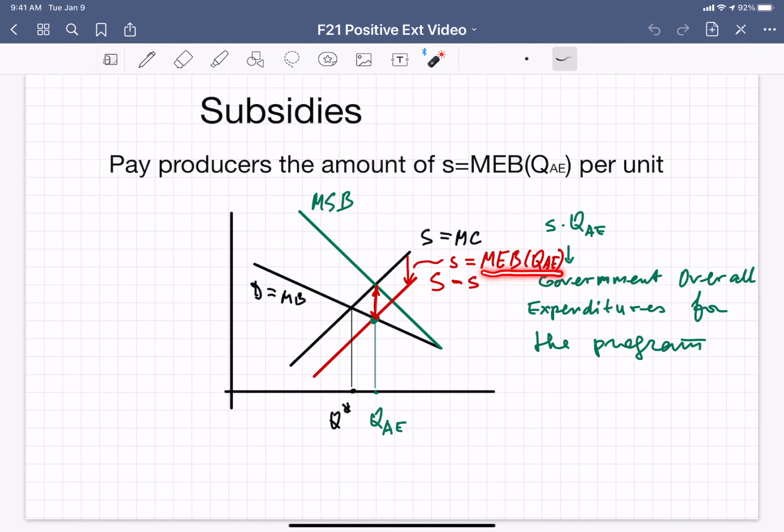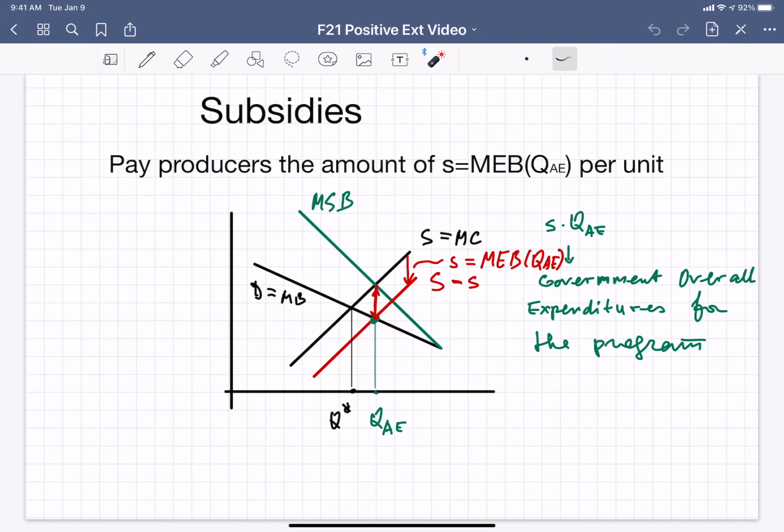So the formal answer to how much to give to sellers is to give them the amount of money that is equal to marginal external benefit at the point of allocative efficiency, which can be measured as the distance between MSB and MB, again at the point of allocative efficiency.